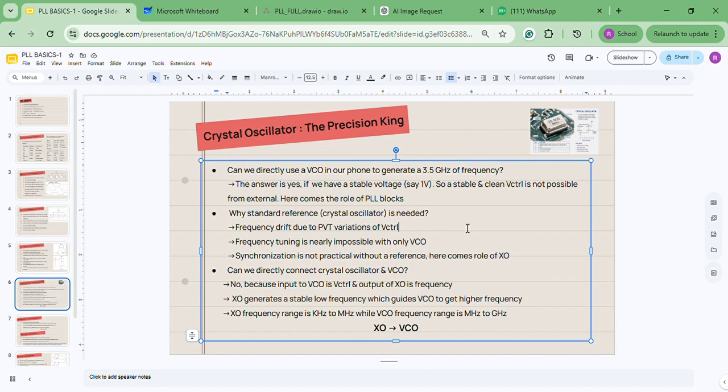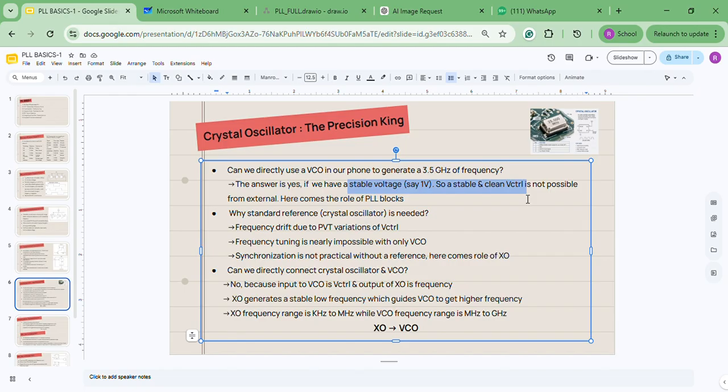The answer is yes, if we get a stable, very clean V control voltage, then we can use only the VCO and there is no need for other blocks. But it is not possible in a practical case. We cannot get a controlled and clean control voltage, so we cannot use the VCO directly.